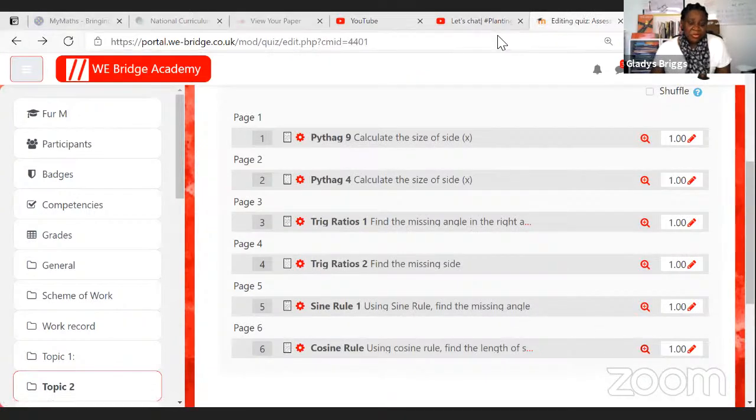So you need to remember your cosine rule. So for your cosine rule, share screen.